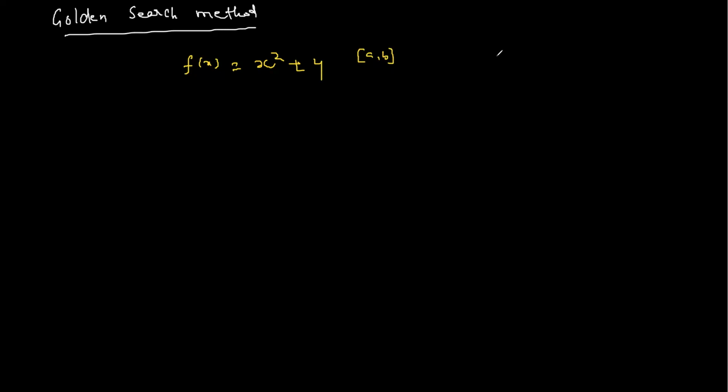See, one thing you must know, this is called golden ratio. Golden ratio is what? 1.618. This is a constant value. And how you got this? This is nothing but root 5 minus 1 by 2. Okay? Yes.